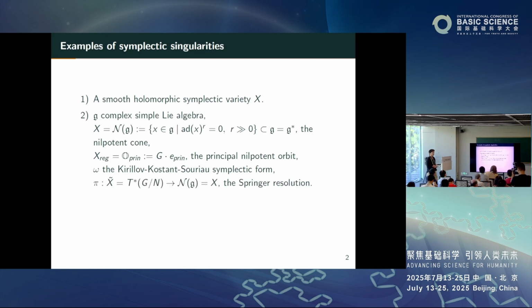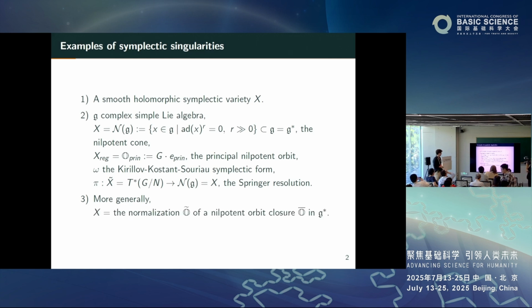Then you can consider the Springer resolution, and the pullback is just the usual standard symplectic two form on the cotangent bundle of the flag variety. And more generally, the normalization of any nilpotent orbit closure is known to be a symplectic singularity.